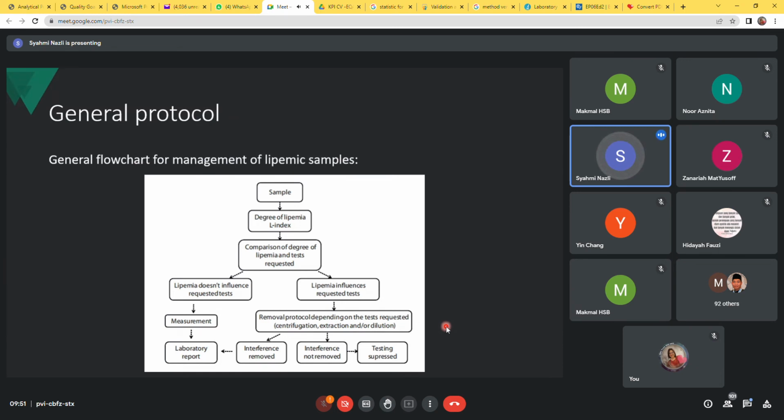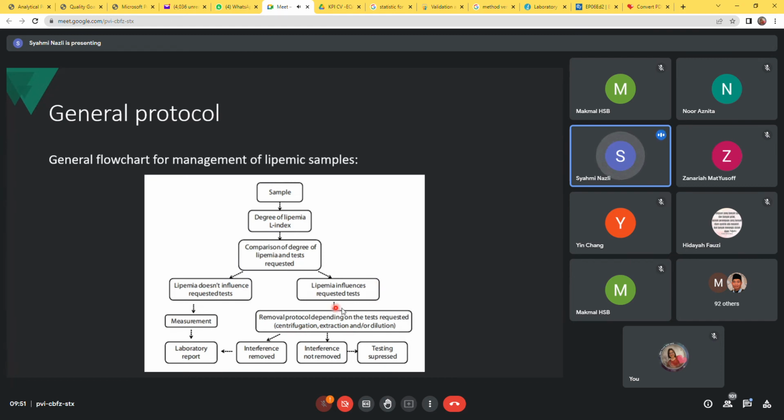Usually in routine chemistry, the most commonly affected analyte is AST and ALP, which have a low level of lipemic interference, about 150 in Roche. That's why for this type of analyte, you need to remove the lipemic interference. For analytes that have a higher level of lipemic interference, you can just measure the samples and provide the formal lab reports.